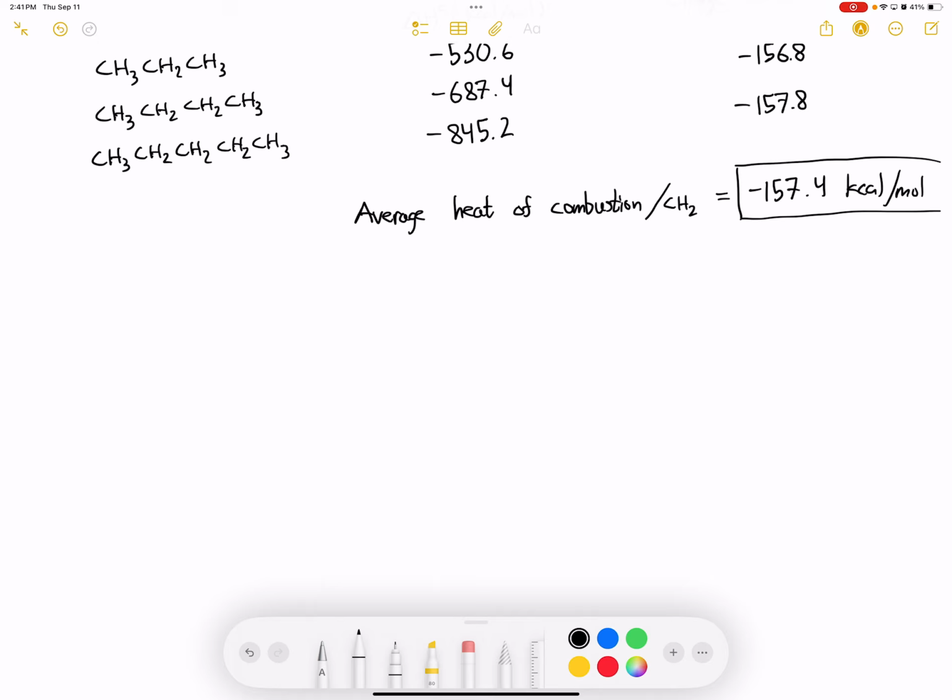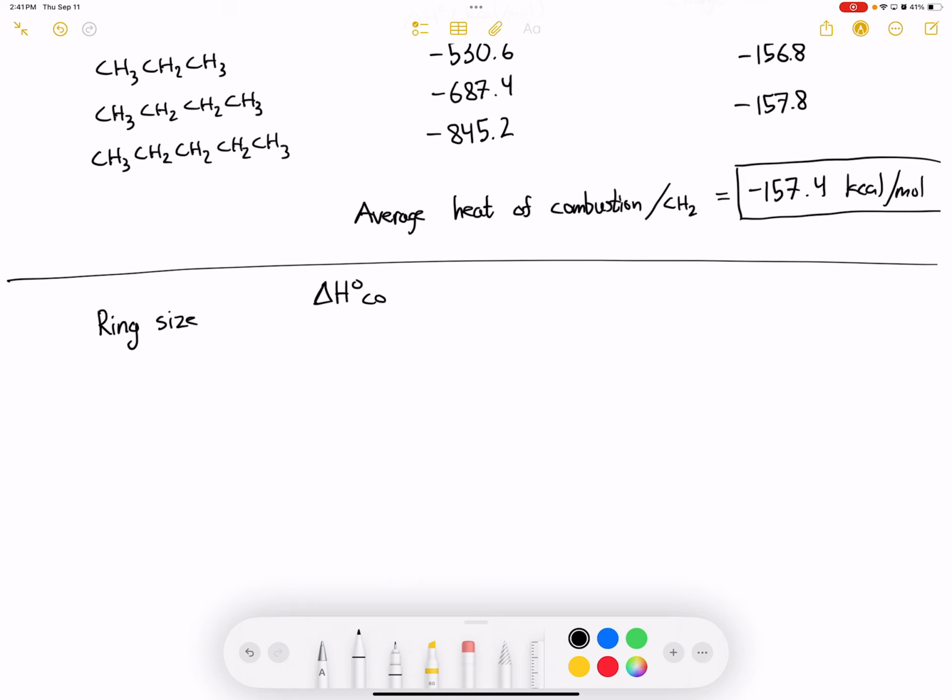Okay, so here I'm going to make a chart. I'm going to put a line through this. Now we're going to make a chart: ring size. All right, so here's my delta H of combustion, but this is going to be calculated.